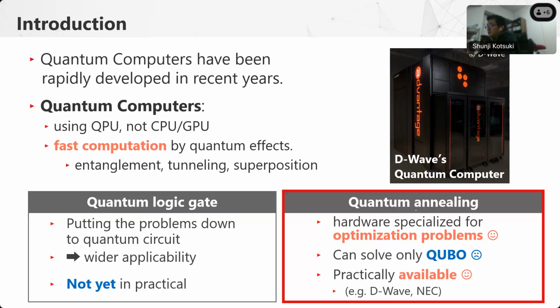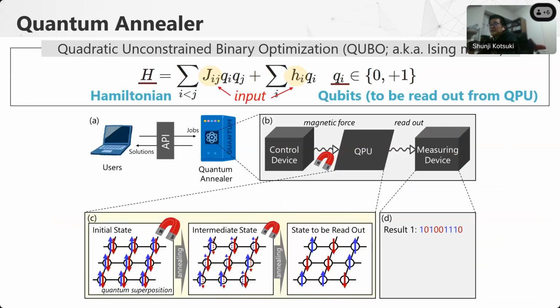For that purpose, let me explain what a quantum annealer is. A quantum annealer can solve a kind of problem known as a quadratic unconstrained binary optimization problem, the QUBO, also known as the Ising model. In this problem, we need to reformulate our problem into this form.